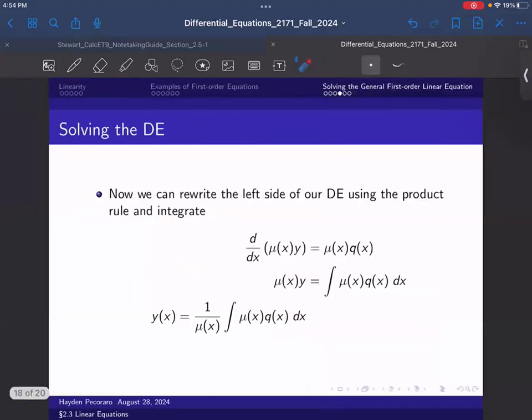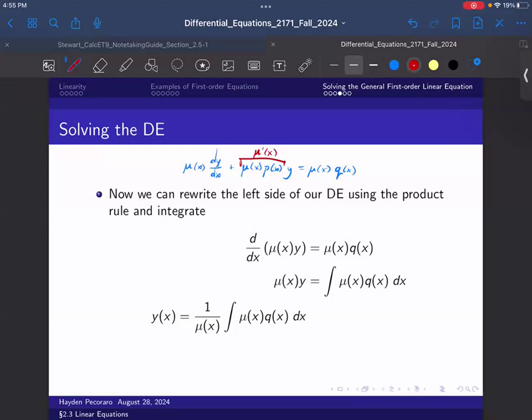All right, now what? Now we want to solve our differential equation. So it looked like we had mu dy dx plus mu times p of x times y equals mu times q. And we made sure that this thing was equal to the derivative of mu.